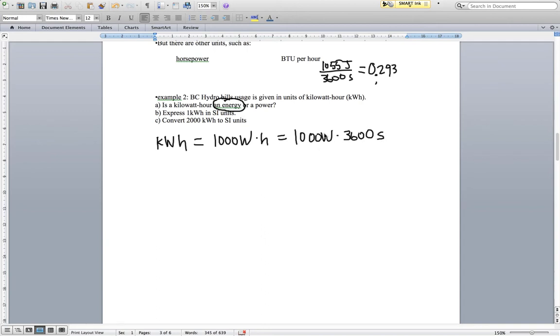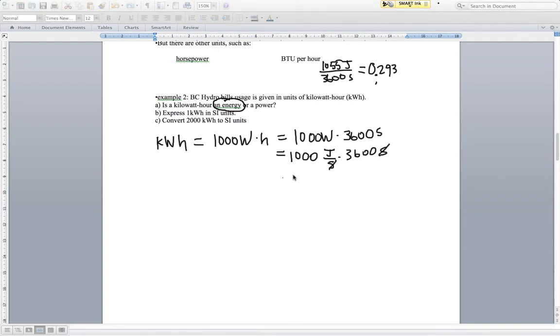And then of course a watt, as power, is a ratio of energy over time. A watt is a joule per second. So now from the units, it's clear that we're multiplying joules per second times seconds. Seconds cancels. What survives is joules. So kilowatts times hours is a unit of energy. It's joules.